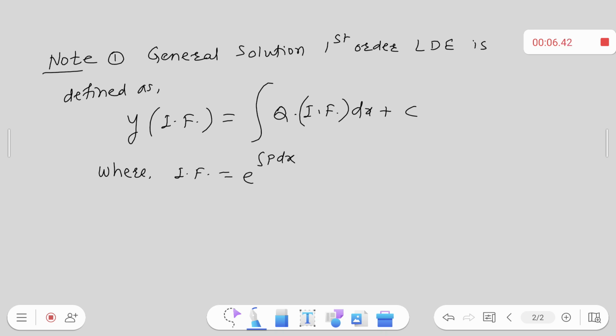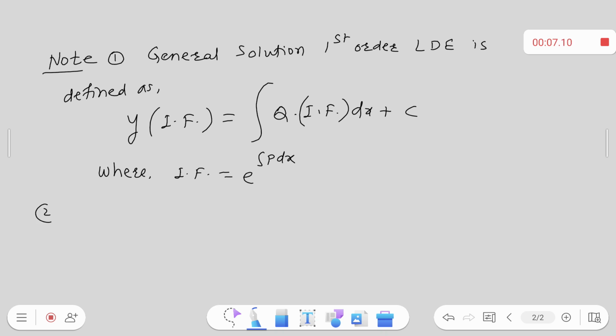Here we directly use the solution as y into integrating factor is equal to integration of q into integrating factor plus c. Now see here, the integrating factor depends on p, the coefficient of y, and the general solution depends on the RHS side, that is q. So the integrating factor is e to the power integration of p dx.